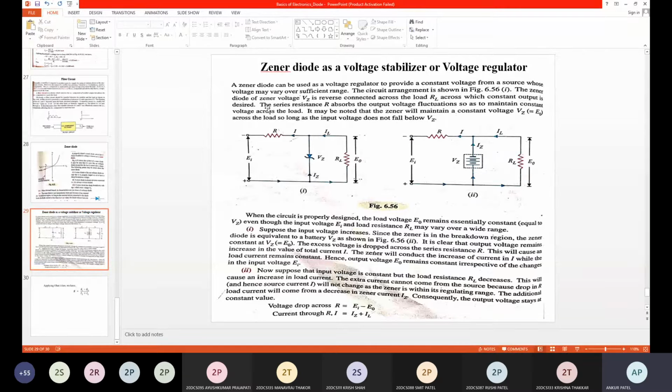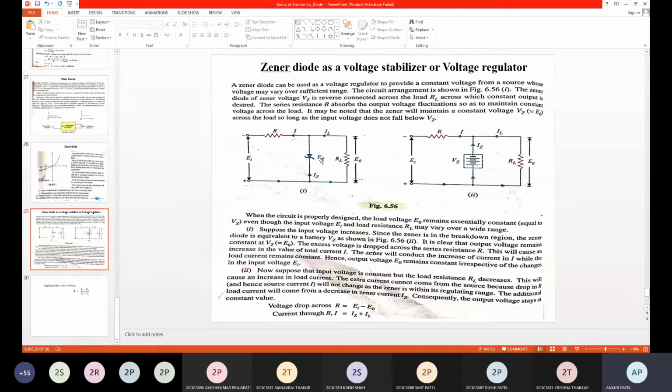The constant output that we need here is the desired application of this stabilizer or regulator. The purpose of the connection of this series resistance is that if any output voltage fluctuation occurs, we drop it through this series resistance. So the series resistance absorbs the output voltage fluctuations to maintain constant voltage across the load resistance.